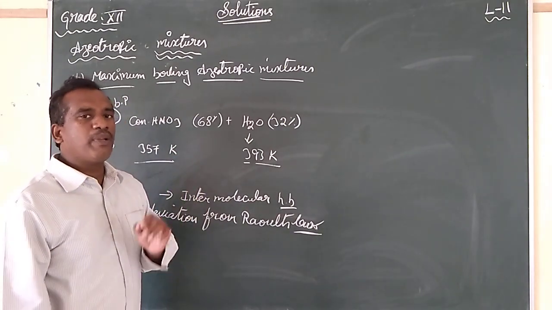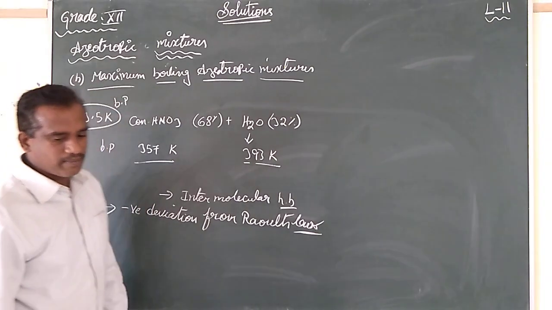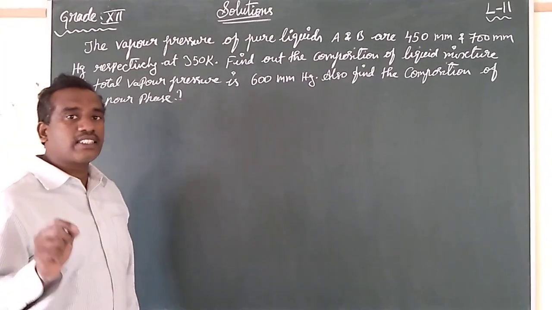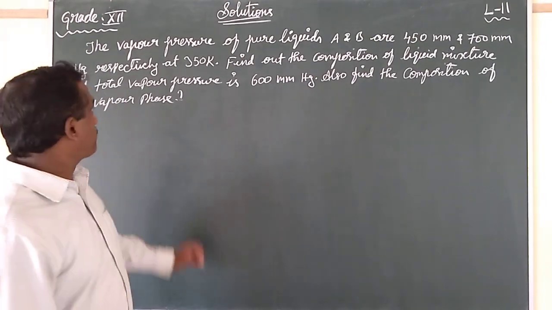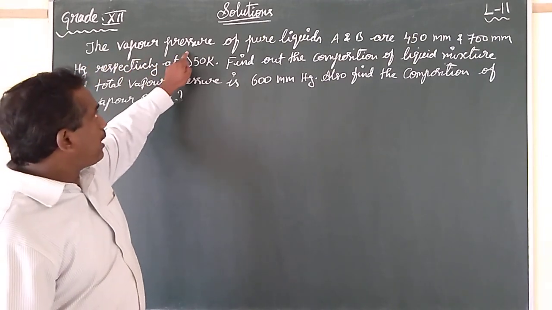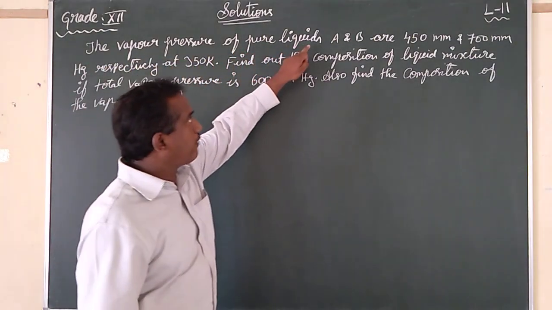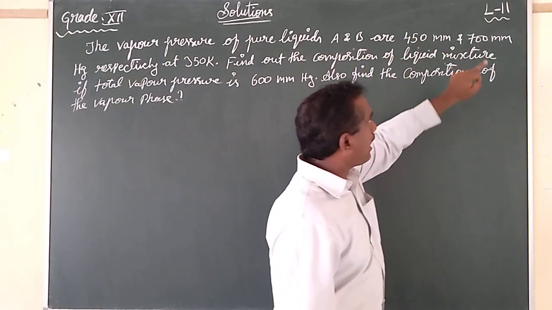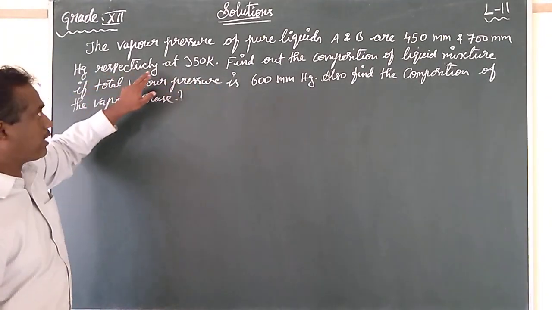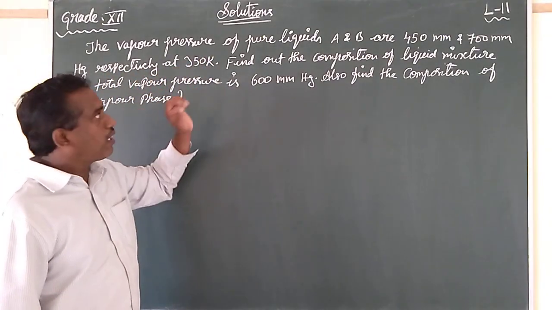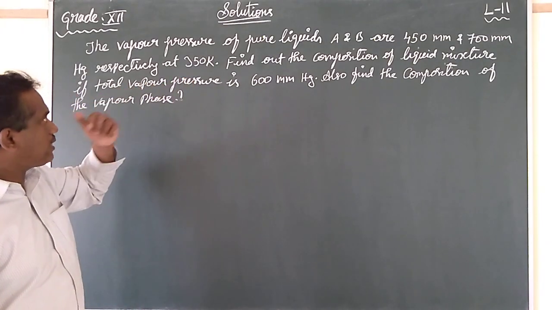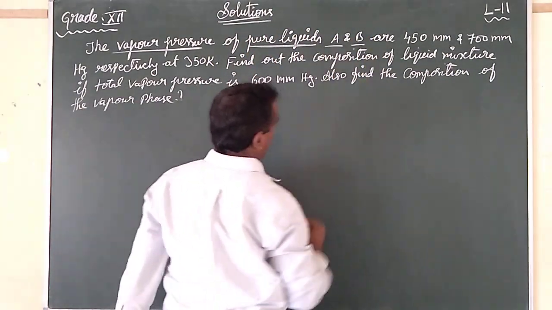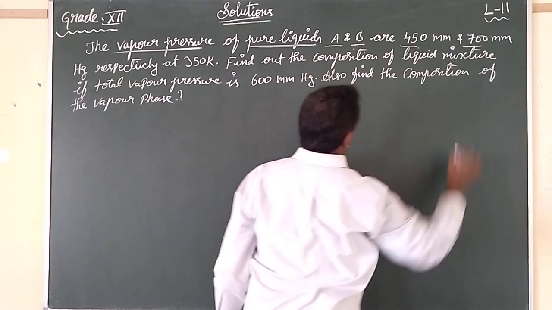So let us see one numeric on the previous topic that we had discussed. Let us see the in-text question given in the NCERT textbook here. The vapor pressures of pure liquids A and B are 450 millimeters and 700 millimeters of mercury respectively at 350 Kelvin. A is 450, B is 700.